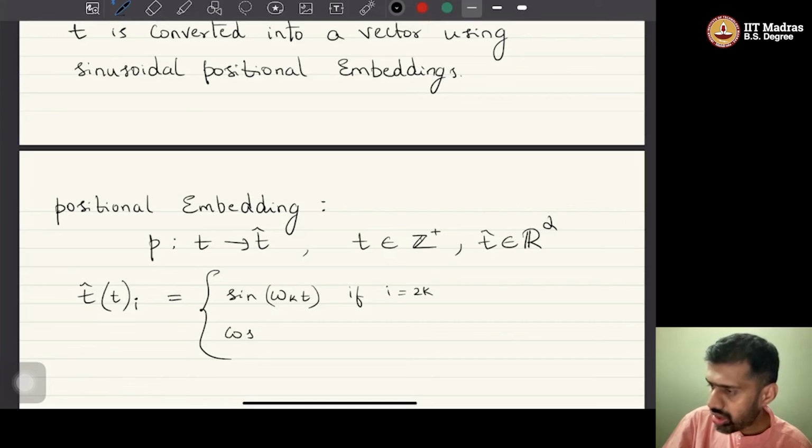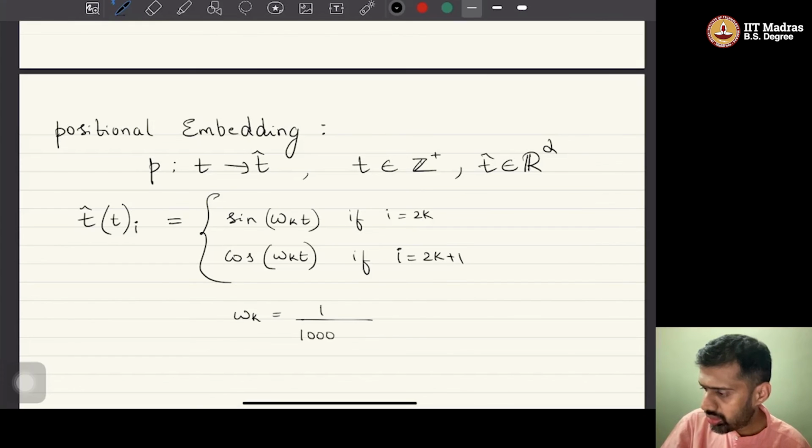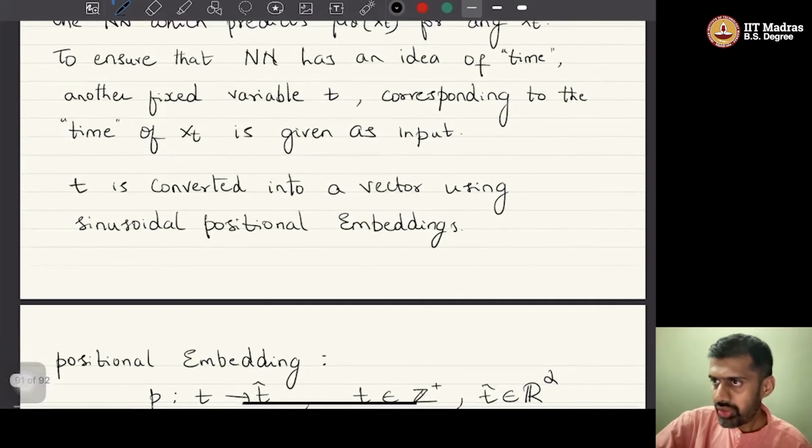If it's odd, then it is given by the cosine of w_k t. Where w_k is 1 over 10,000 to the power of 2k by d, which is a constant number.